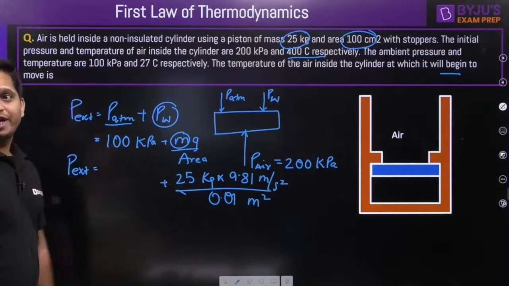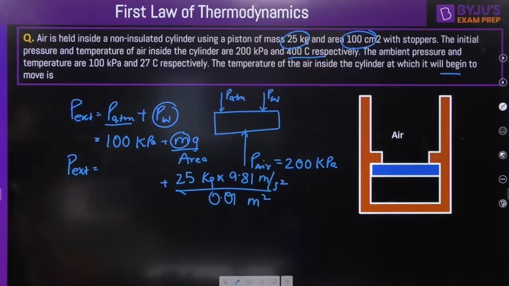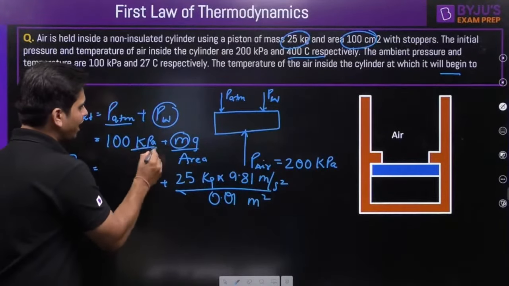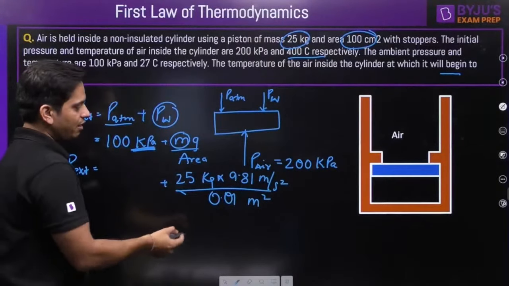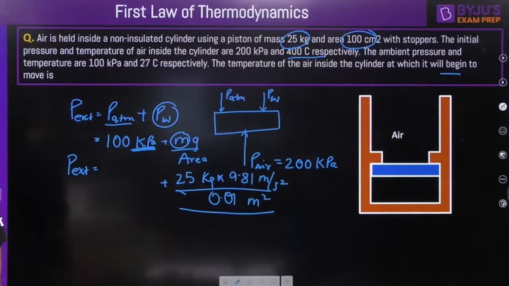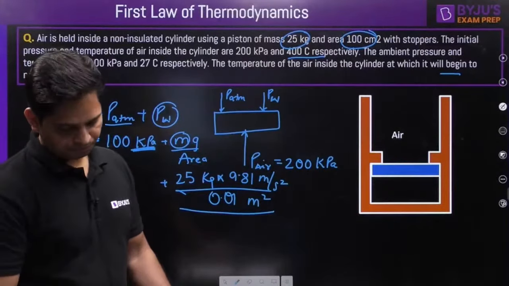And you have to take care of the units. It is in kilopascal. What is this? This will be in pascal. Okay, just try to check this one more time.